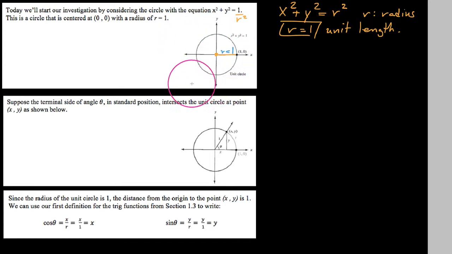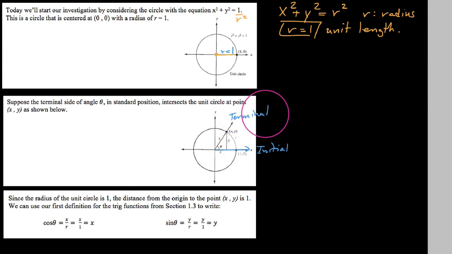What this does is open doors for us when evaluating trig functions. Suppose we have the terminal side of an angle theta in standard position, with some point x, y. It's the same circle you see up here. An angle in standard position just means that its initial side, where it starts, is on the positive x-axis, and its terminal side is where it stops.